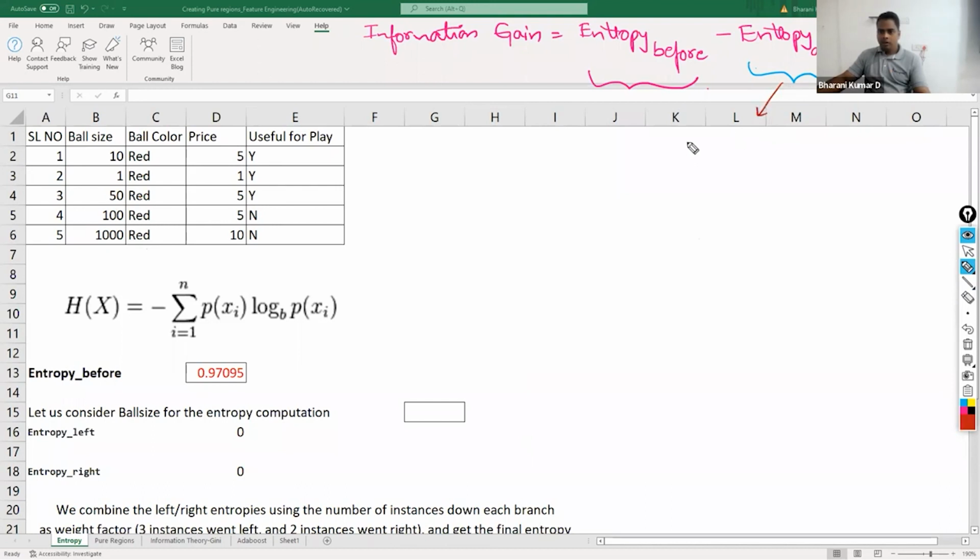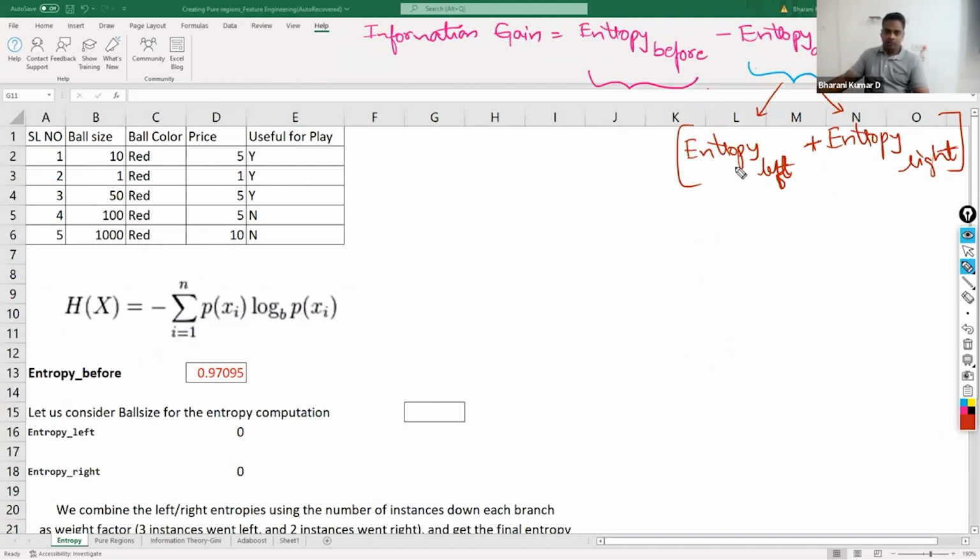Entropy after would be entropy towards the left plus entropy towards the right. You need to add these two to be able to arrive at entropy after.